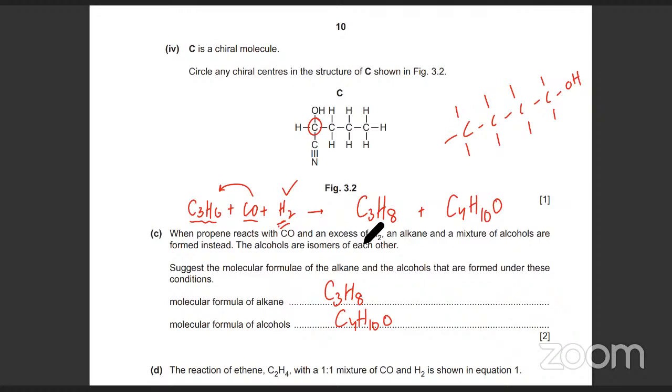What he's saying is that there's an excess of H2, so you could have 2 H2s or you could have 3 H2s, right? Is that clear? Yes, sir. So I'm just going with the fact that he's saying that an alkane is formed. So I've got an alkene. If you hydrogenate it, it will form an alkane. So my guess is C3H8 would be the alkane, right? Is that clear? Yes, sir. And then he says that alcohols are formed. So if you're forming alcohols, then the carbon monoxide probably got added over here. So you'll have a 4 carbon atom alcohol.